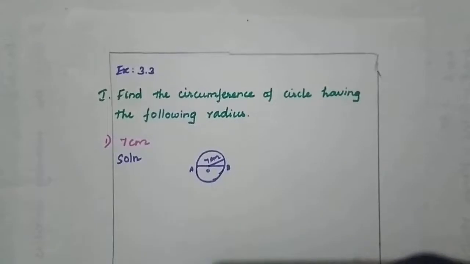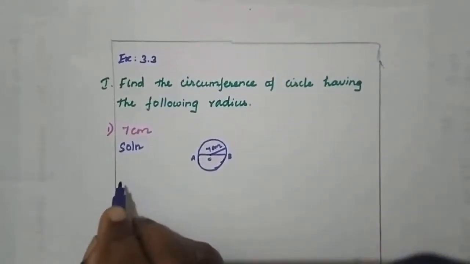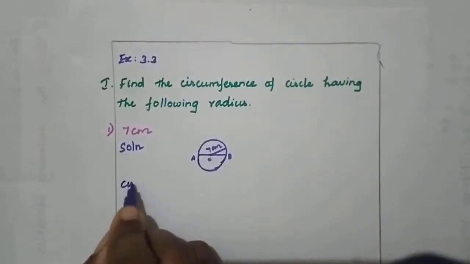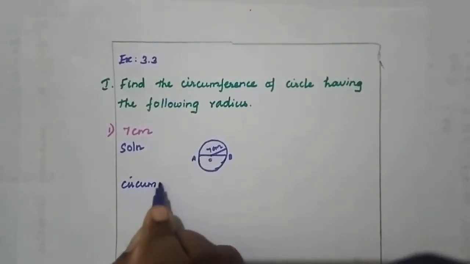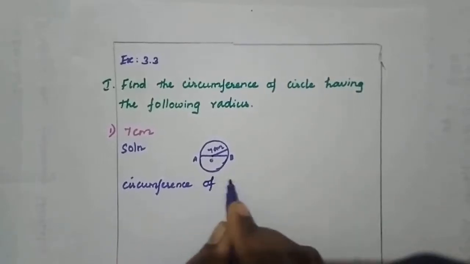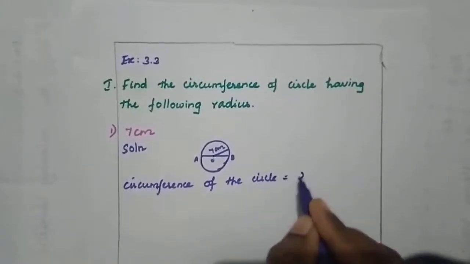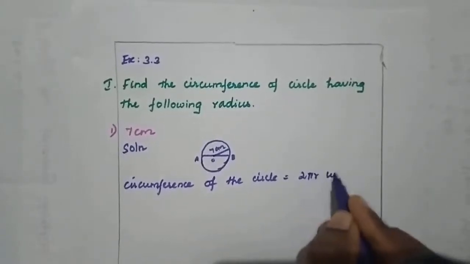Now they ask us to find the circumference of the circle. So what is the formula to find circumference of the circle? The circumference is nothing but perimeter of the circle, which is equal to 2 pi r units.